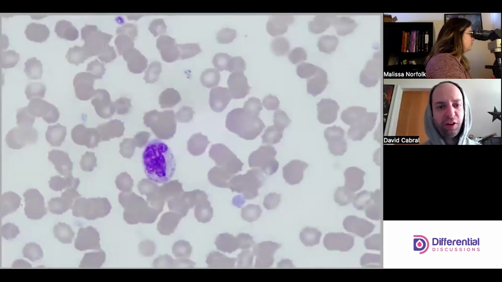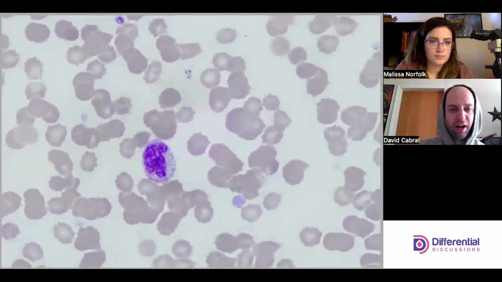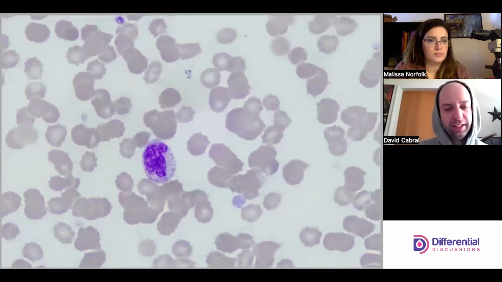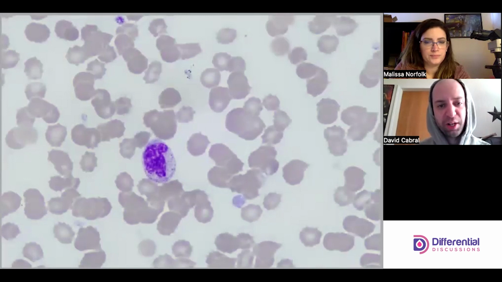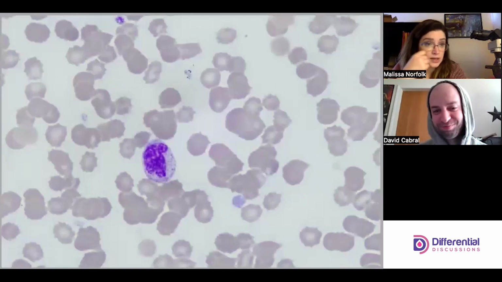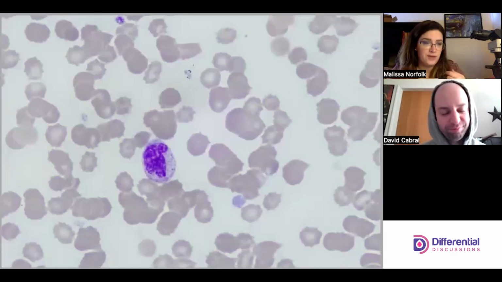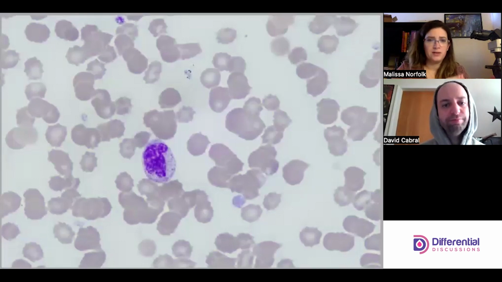For our working morphologists out there, this is something to keep your eye open for, but there are other more reliable means to detect this. The slide is beautiful to see the anaplasma, but you can also see some of those reactive changes, again with the vacuolated neutrophils. The neutrophils look kind of beat up, and we saw at least one reactive lymphocyte.